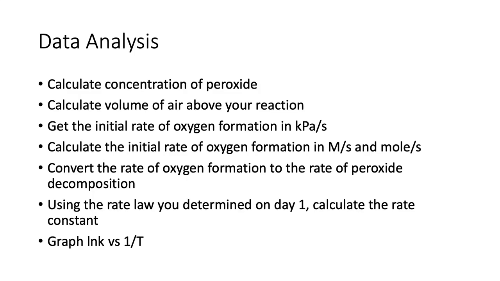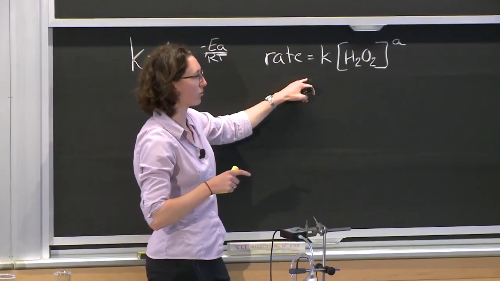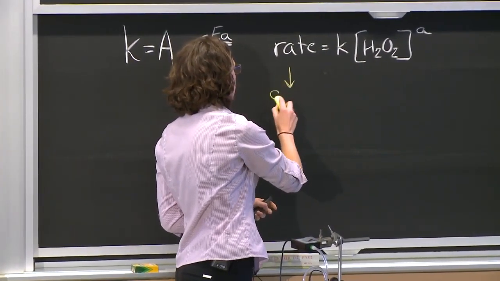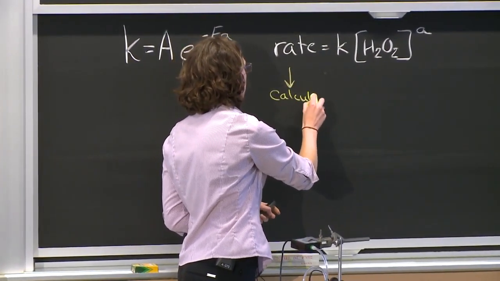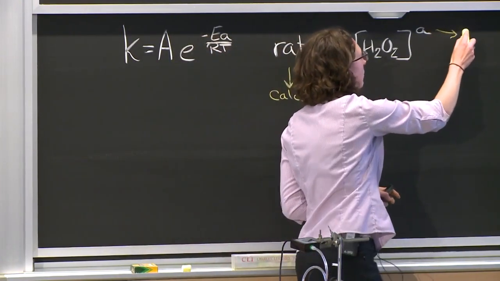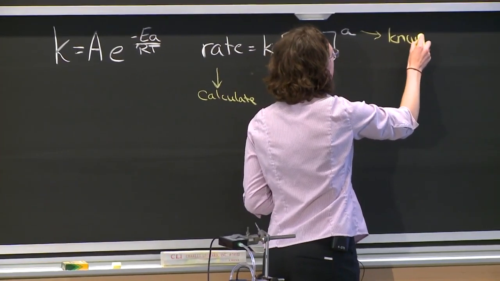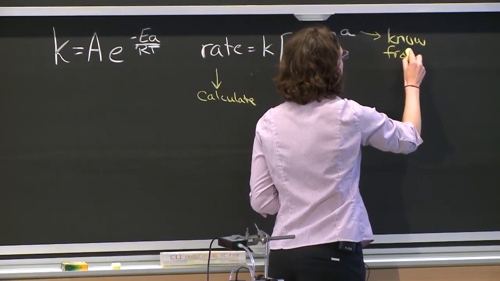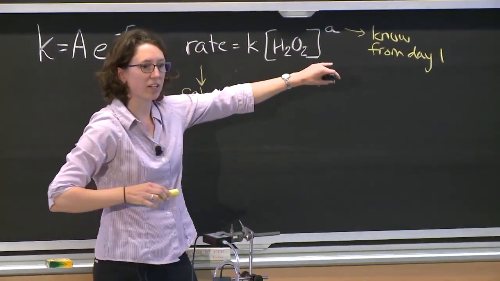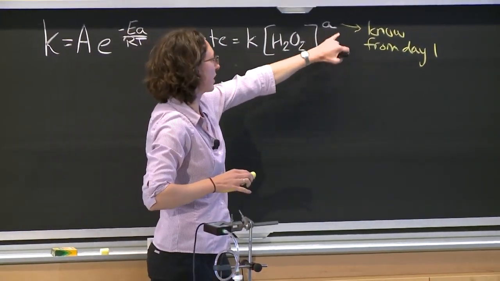So if we have our general rate law, we'll measure this in the lab, or we'll calculate this, I guess. We will know this from day 1. So you'll plug in the value that you get from your first set of calculations right there.